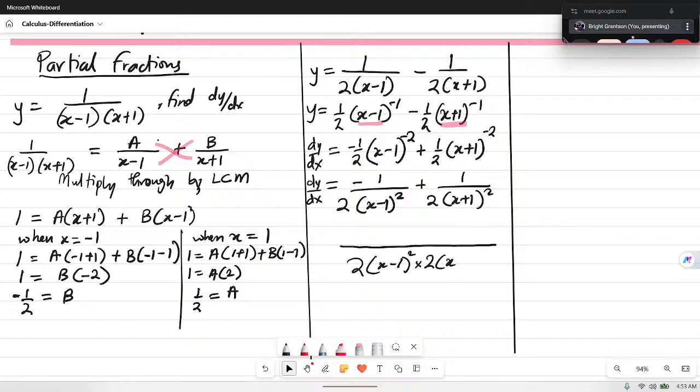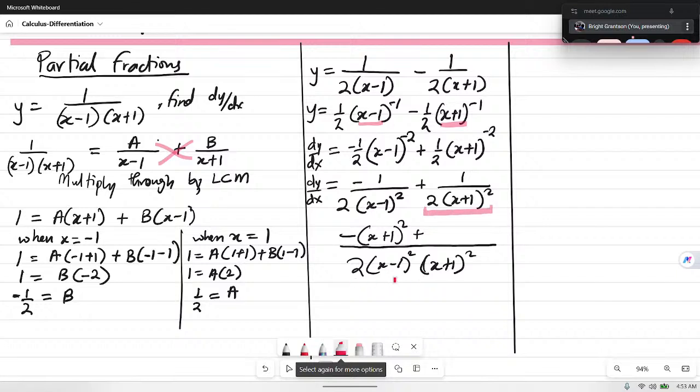So now this becomes negative because of the negative here. This times what will give you everything that we have here? This times the opposite element, that's x plus 1 squared, right? Okay.